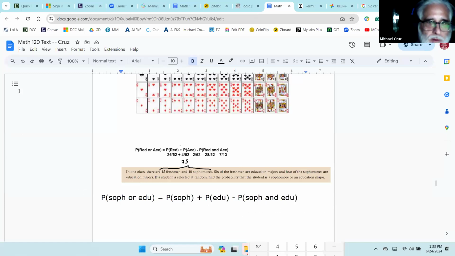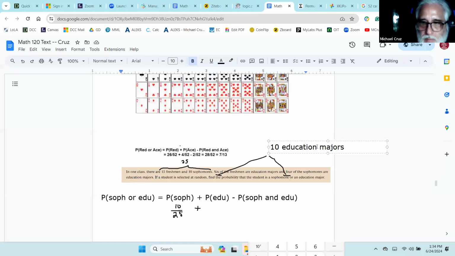So how many sophomores are there? 10 of the 25 are sophomores. So education majors, there's 6 and 4. Okay, so that's what's going to go here.